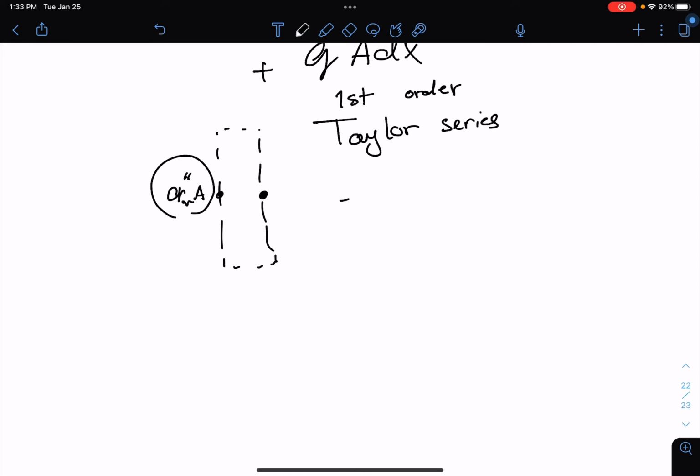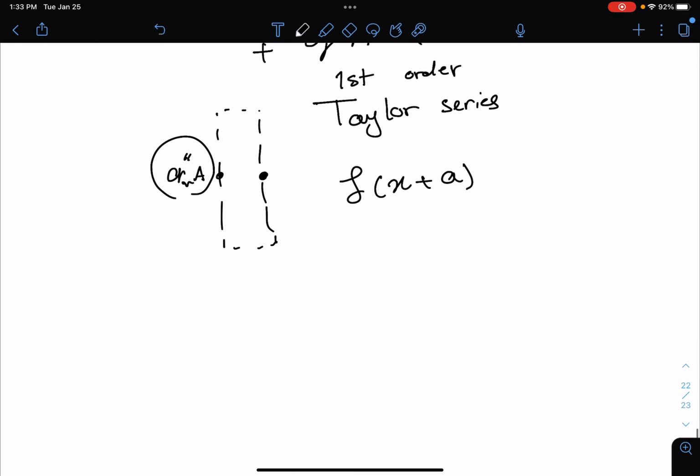It said that if you're looking at the value of a function at point x plus a, the value equals f of x, the value at point x, plus the derivative of f with respect to x, multiplied by the distance between the two, a, divided by the factorial of the order.